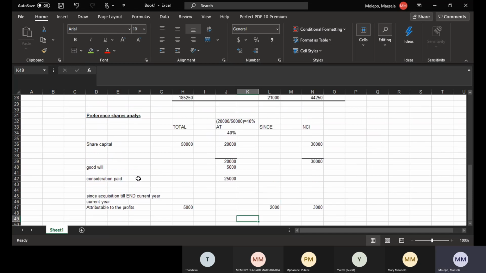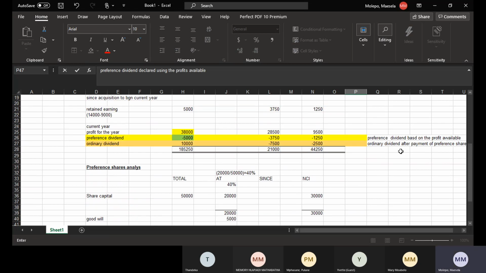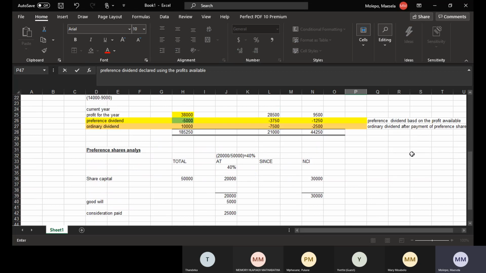This is the green portion, the preference dividends attributable to the profits. Whatever I write on the right is just for elaboration purposes. It's not what you have to write in the book. I'm just giving it so you understand where the amount comes from.